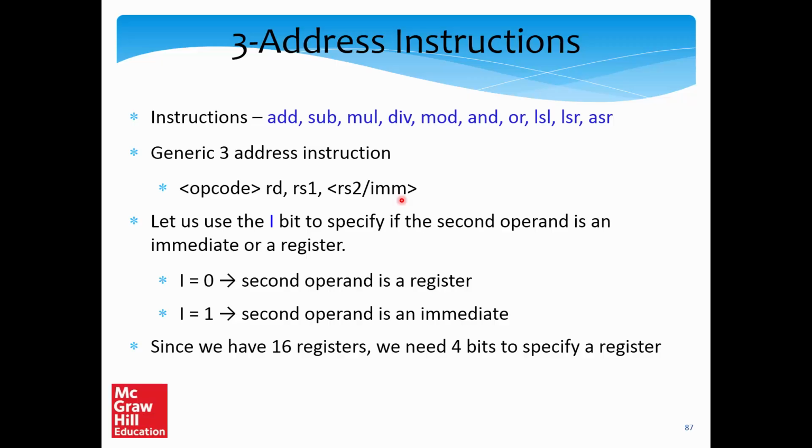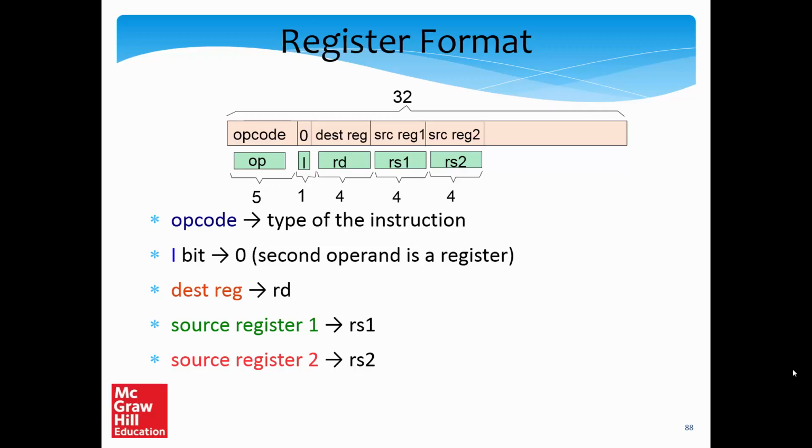So basically, this is one extra bit that we need to accommodate in our instruction format, and its only role is to say whether the second operand is a register or an immediate. After that, we need to encode the value of the registers. Since we have 16 registers, we would need 4 bits to specify a register. So we'll see what the format looks like in the next slide.